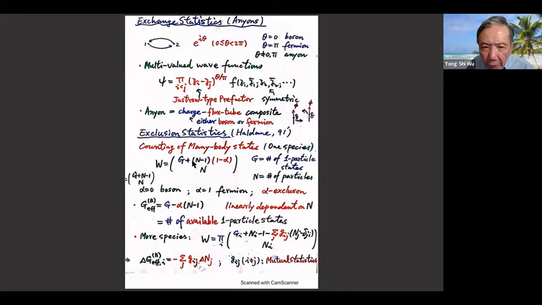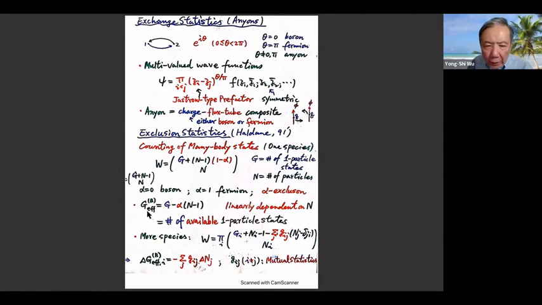So the first term, G plus alpha times (1 minus 1), we call the available single particle states when we add the nth particle into the system when n minus 1 particles have been present in the system.